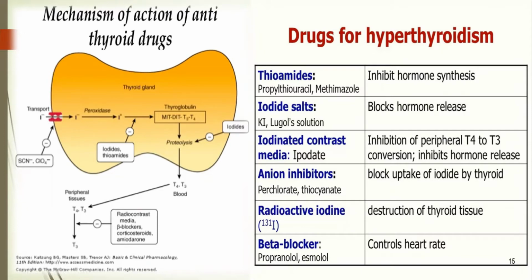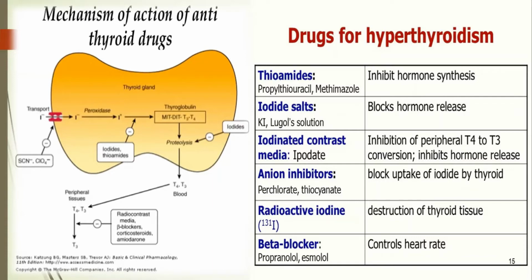Thereby, they inhibit iodination of tyrosine residues in the thyroglobulin. They also inhibit coupling of iodotyrosine residues to T4 and T3. Also, the thyroid colloid is depleted over time, and blood levels of thyroid hormones are progressively lowered, as shown in this illustration.